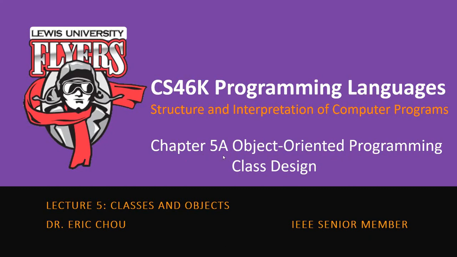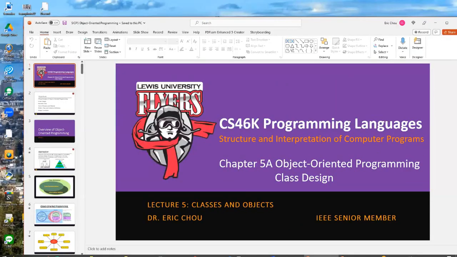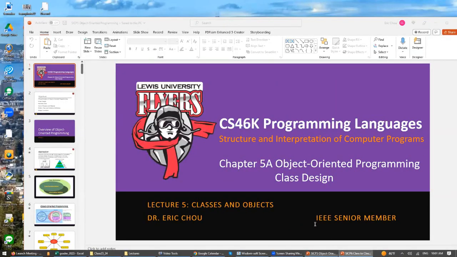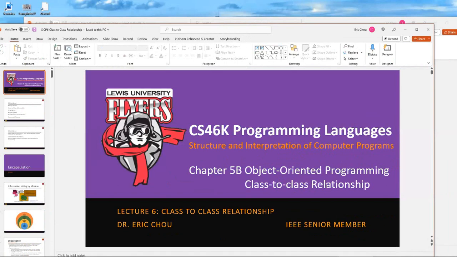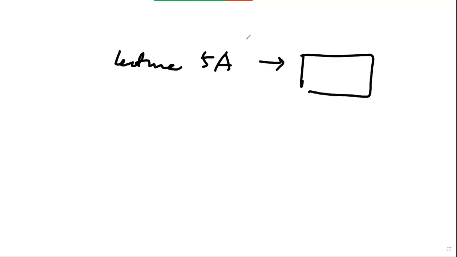This week, we have chapter 5A, the object-oriented programming paradigm, and we also have lecture 6, the class-to-class relationship. The first lecture, 5A, is talking about single class design, maybe a car class.